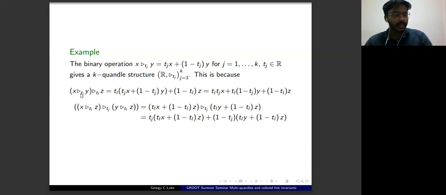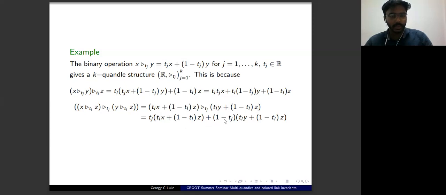So we can see it easily. (x ◁_Tj y) ◁_TL z is TL of (Tj x plus (1 minus Tj) y) plus (1 minus TL) z, which is TL Tj x plus TL (1 minus Tj) y plus (1 minus TL) z. But (x ◁_TL z) ◁_Tj (y ◁_TL z) is again TL x plus (1 minus TL) z ◁_Tj TL y plus (1 minus TL) z.